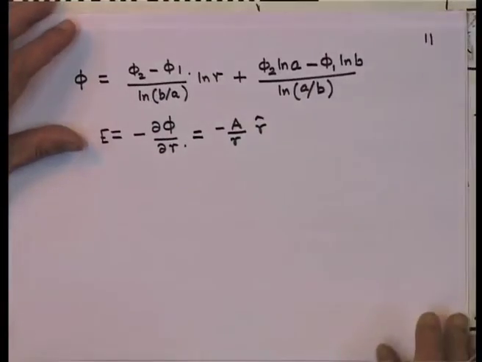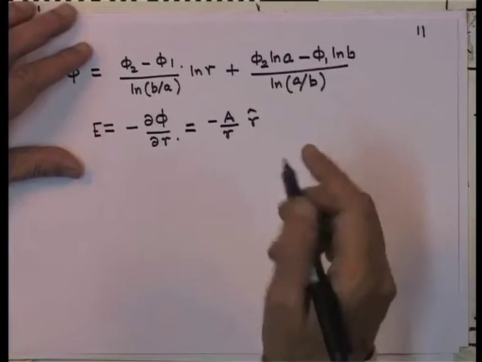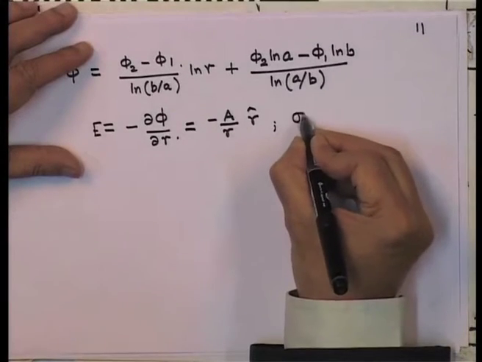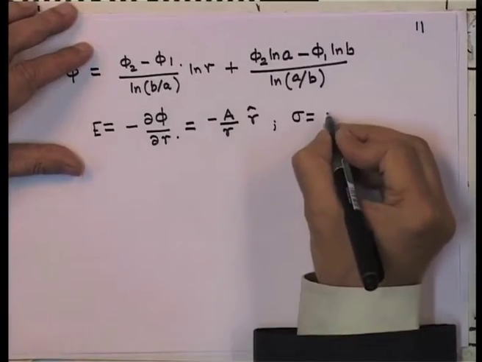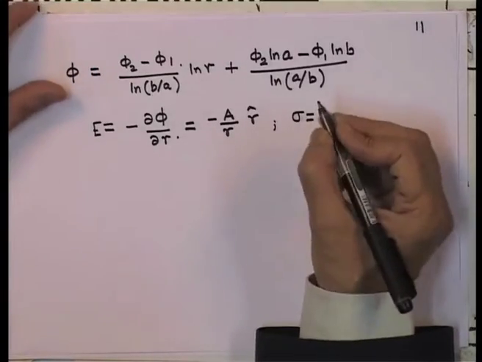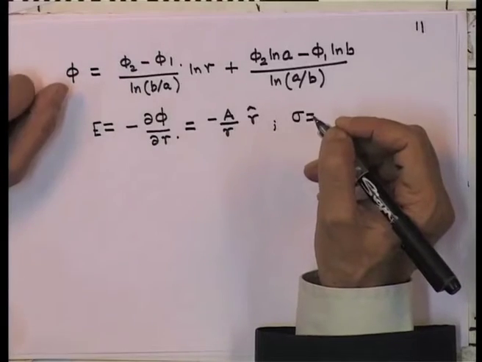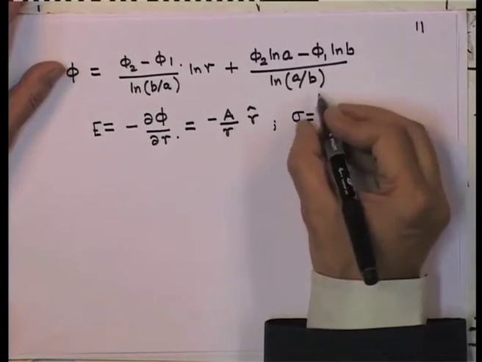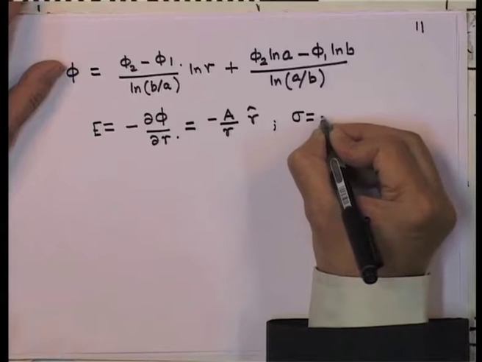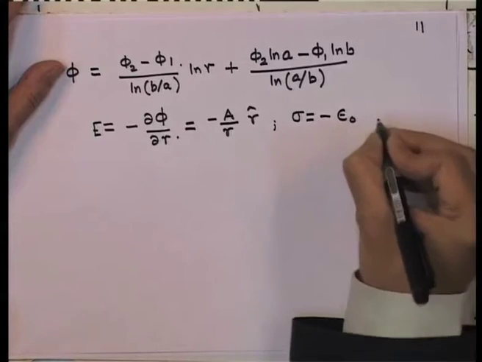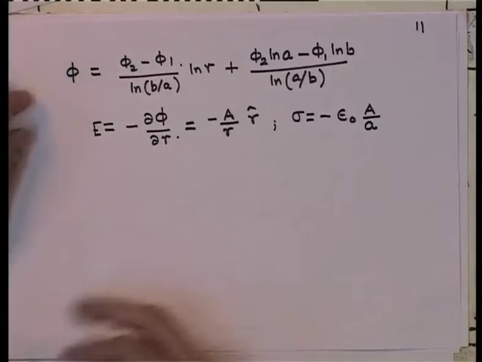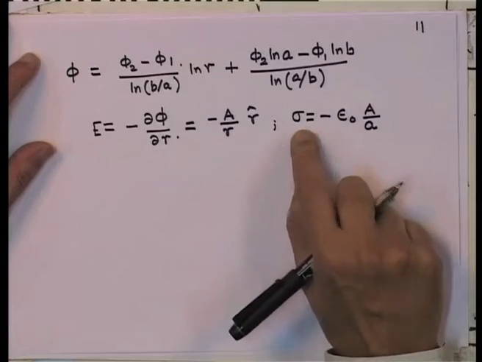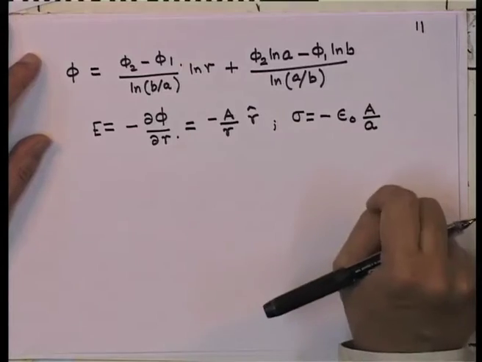Now, once I know the electric field, I can find out the normal component of the electric field, which is of course the radial component, and write sigma as epsilon naught times the normal component. So, sigma, the charge density, becomes epsilon naught times a divided by a. I am writing down the sigma on the inner conductor.